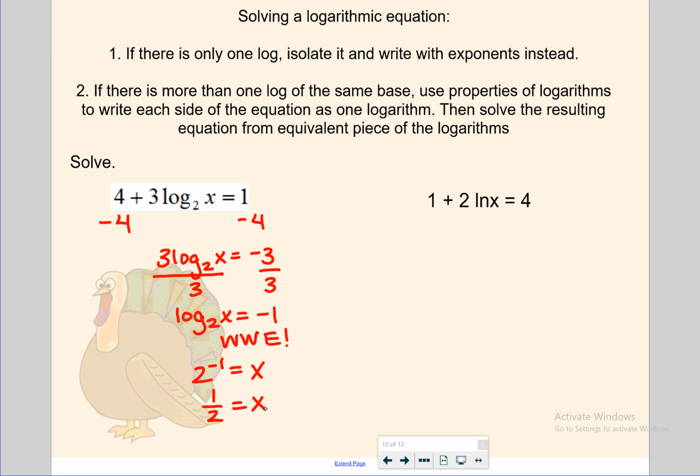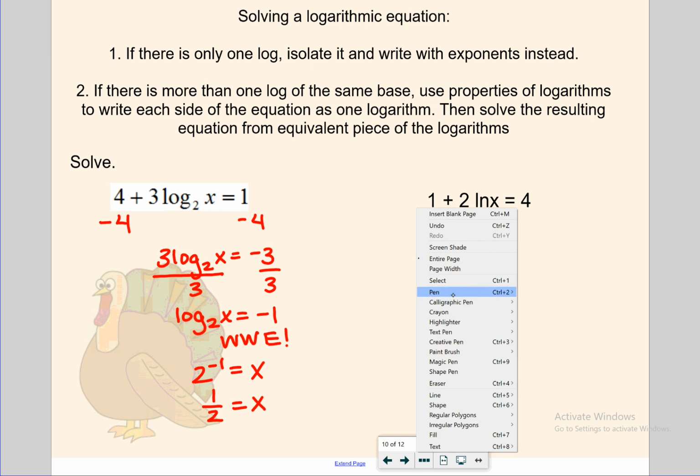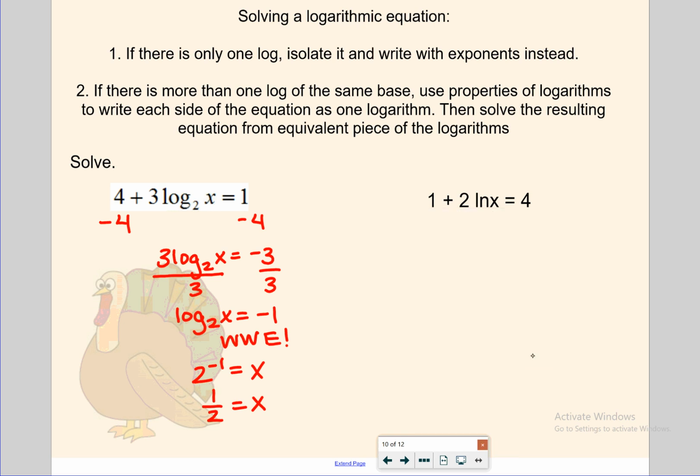Okay. Let's look at the next one. I have 1 plus 2 times the natural log of x equals 4. All right, so first thing I'm going to do is subtract 1. I get a 3. Divide by 2. I get 3/2, or you could say 1.5 if you want.